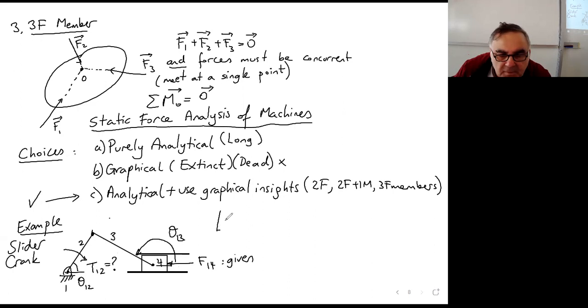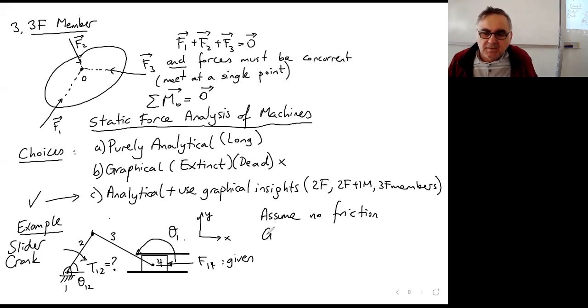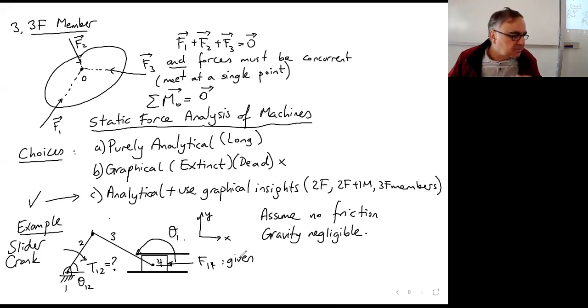So we want to find T12, but we have to deconstruct the whole mechanism and find out T12 and the reaction forces. We assume no friction, and the gravity forces are negligible, let's say. So the weights of objects are not that important.